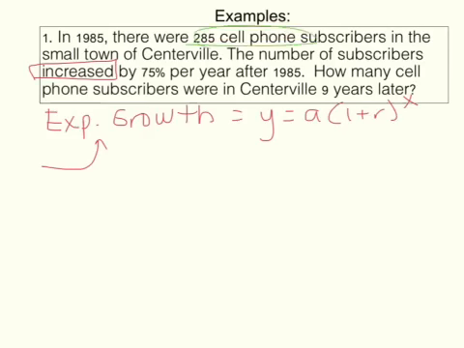So that's my initial amount of subscribers. Remember, a is the initial amount before the growth or decay. So I have 285, that's my initial amount. Then it tells me here that it is increasing, so that's the growing, by 75% every year. So it's growing at a rate of 75%, and we're always going to use a decimal for that.